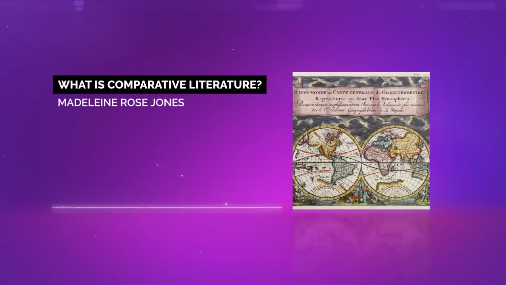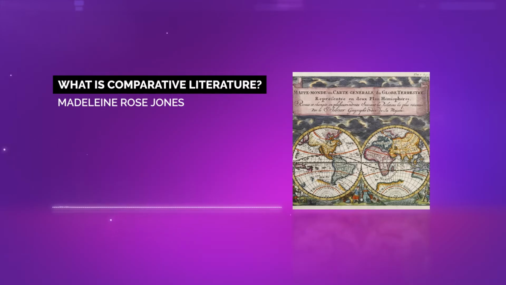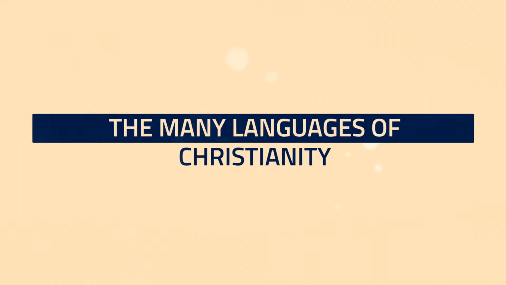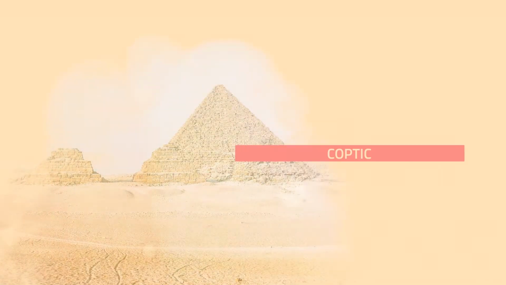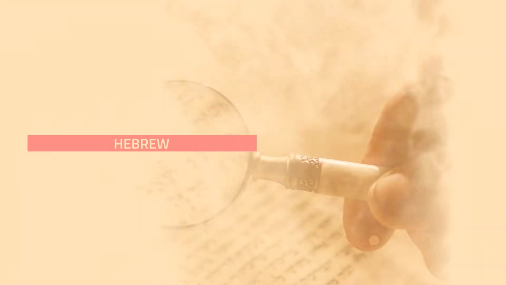Ideas are, by their very nature, cross-cultural and not limited to a single language. Take, for example, Christianity, which has had an intense presence in multiple languages, including Hebrew, Greek, Aramaic, Russian, Latin, English, Coptic, and Italian, to name a few.